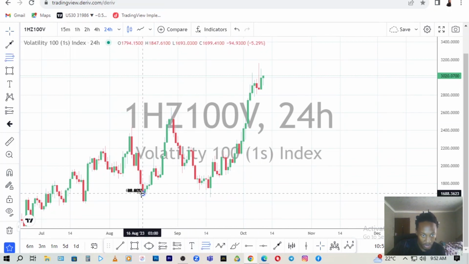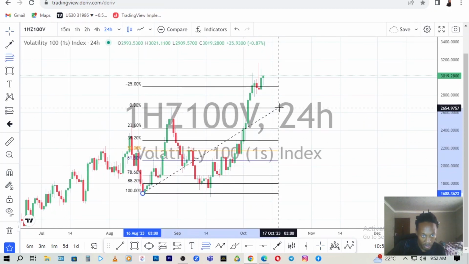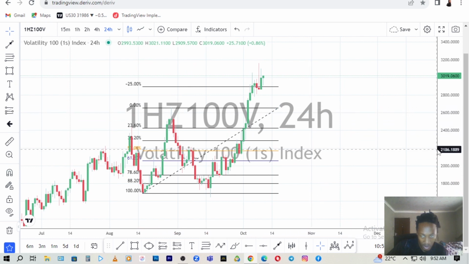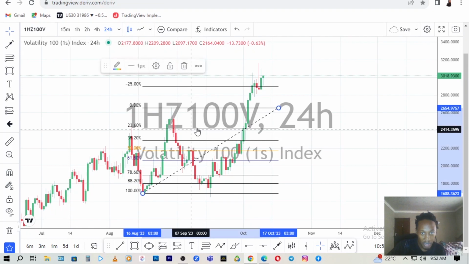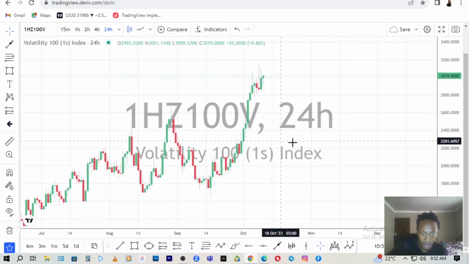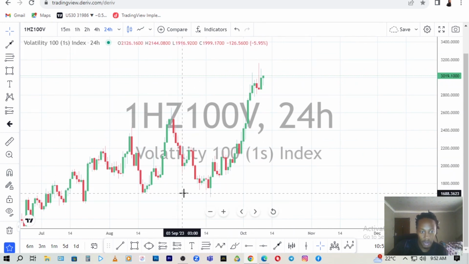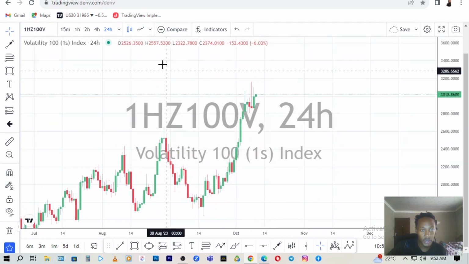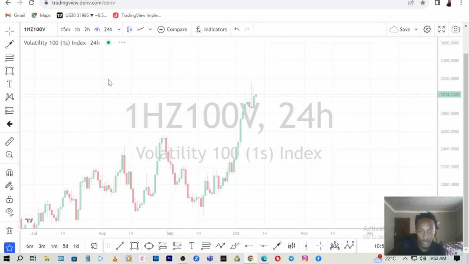So overall, the market might turn at any time from now. It might turn to retest one of these levels. But for now, we're looking for buys. Okay. Let's go to the 4-hour.